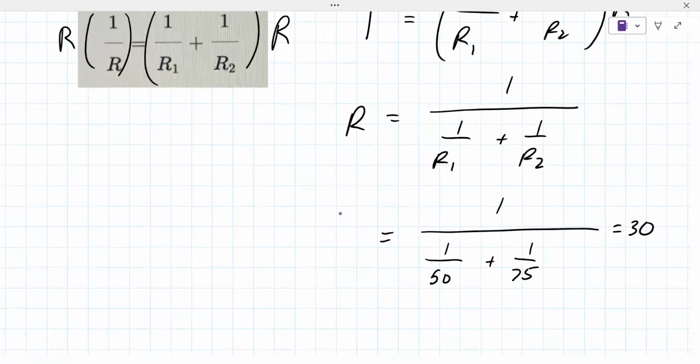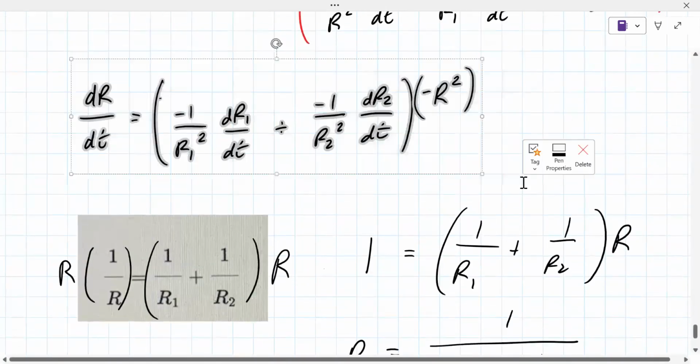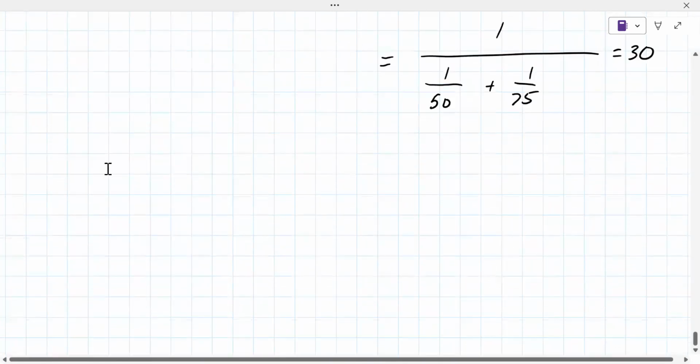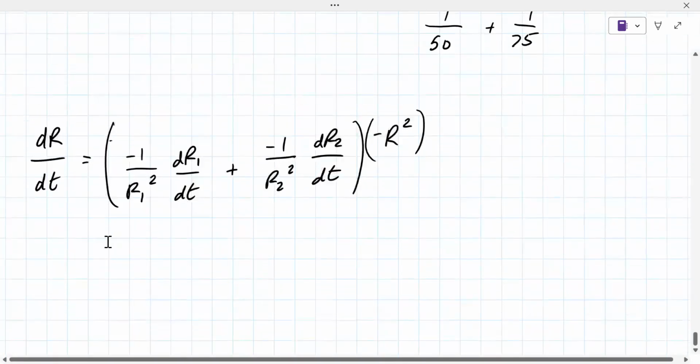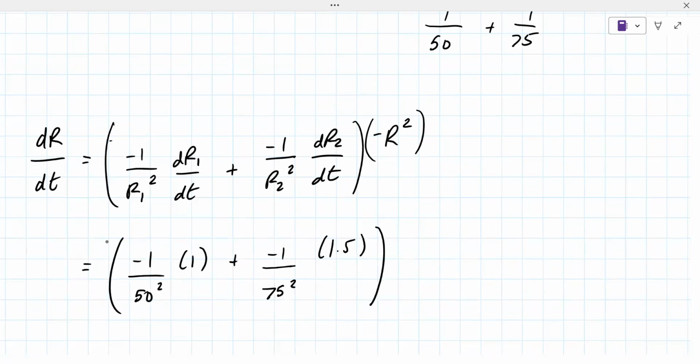All right, good news, it's a nice number. Now we go back to this line right here, and we've got everything. We have negative 1 over 50 squared times 1 plus negative 1 over 75 squared times 1.5, all of this times negative 30 squared.